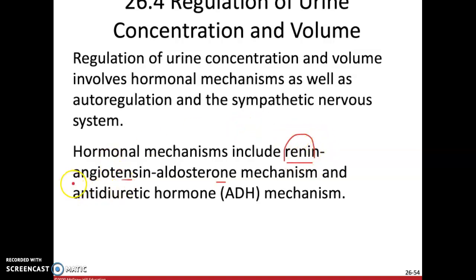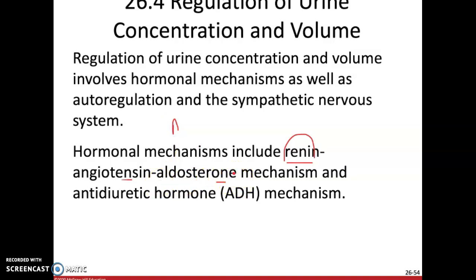Then we're going to be able to convert the angiotensinogen into angiotensin 1 and 2. The second one is a potent, incredible vasoconstrictor. Then angiotensin 2 is going to stimulate the production of aldosterone.